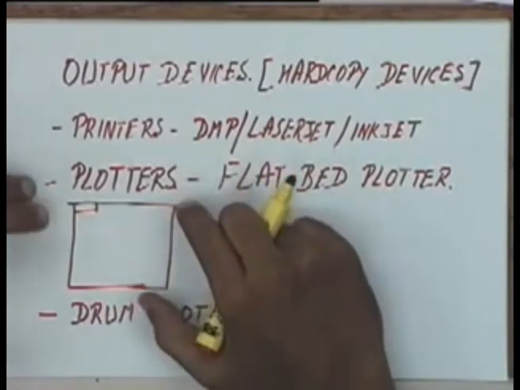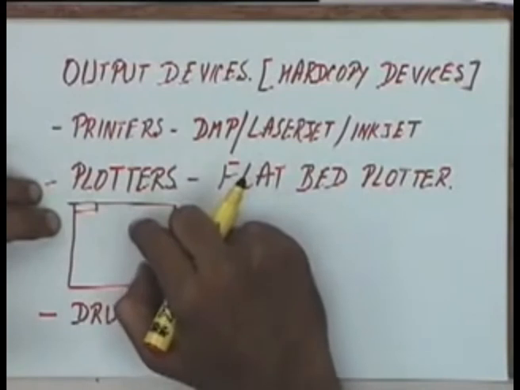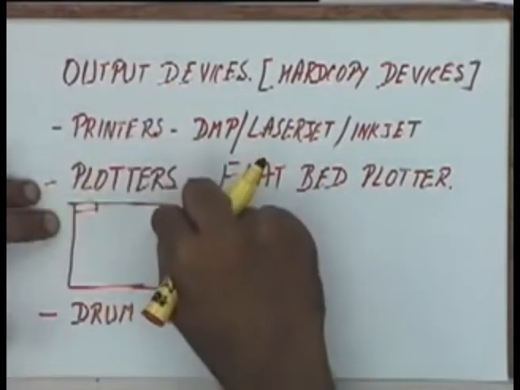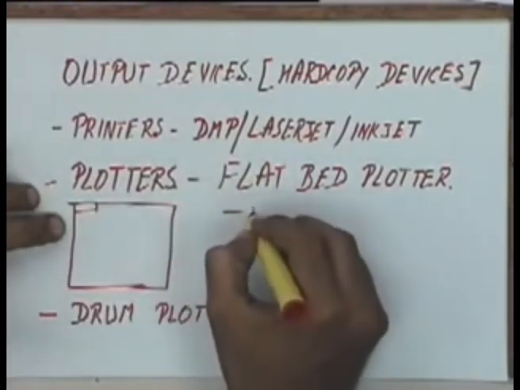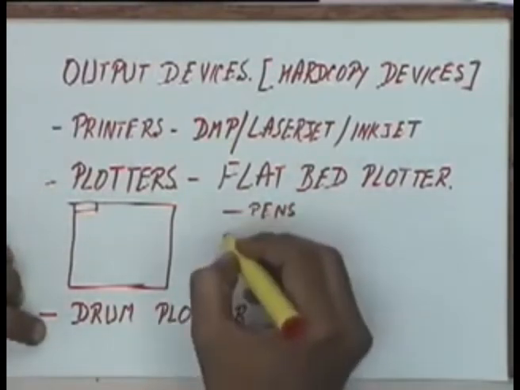Okay, so if you want to make a drawing of A4 size, we will take a paper of A4 size, fix it on this plotter, and the pens will move in the x and the y directions. So we have, let us say, a set of pens, which will be there even in a drum plotter.